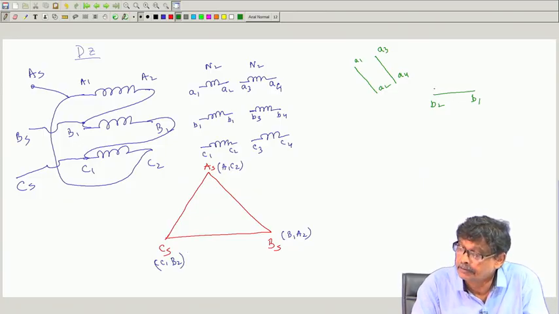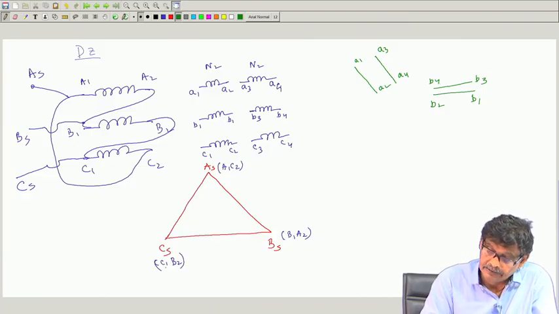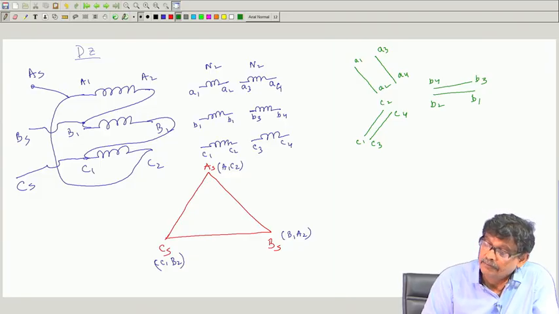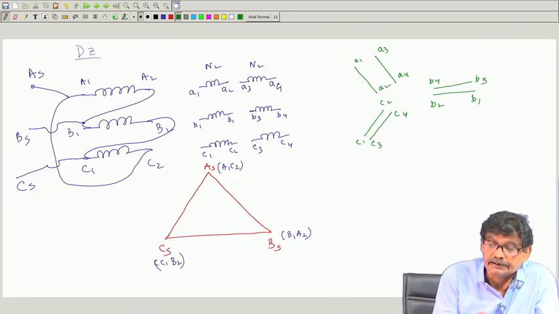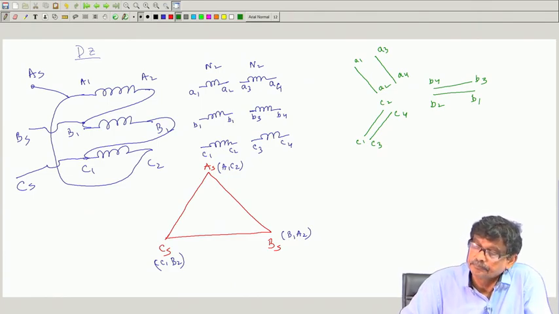Another voltage is available to play with, B3, B4, and C1, C2, C3, C4. Now, I want to make some connection, delta and secondary side zigzag.